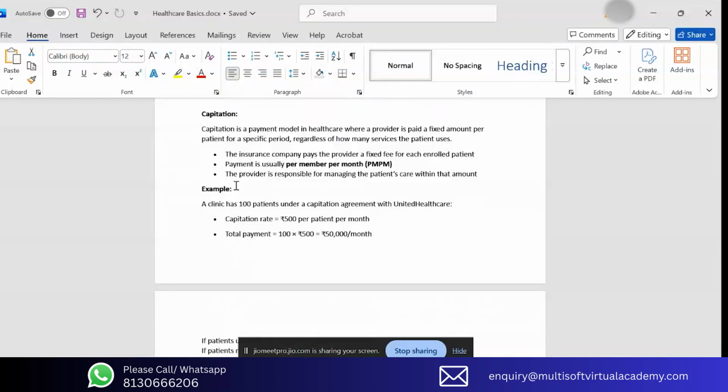So who is a capitation provider, and who will benefit from capitation? It is a patient who needs regular checkups or regular care for a certain period. Let's say a patient with kidney disease needs dialysis twice or thrice a day.